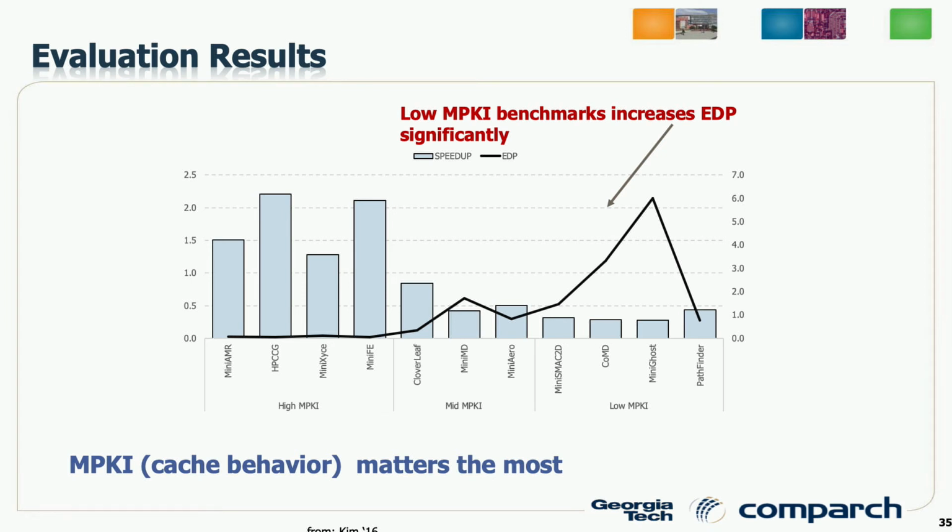So even if you only consider performance to decide on a PIM compute core, the compute core performance was good enough. But if you consider the energy, then the trade-offs start to change in the middle MPKI, and that makes the decision of whether we want to use the PIM versus the host computations.